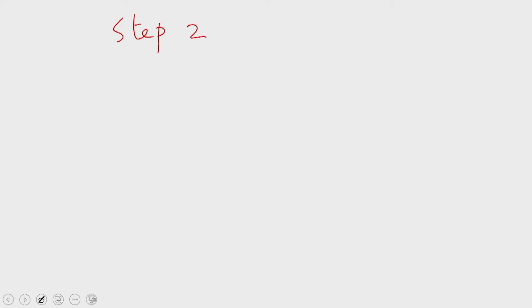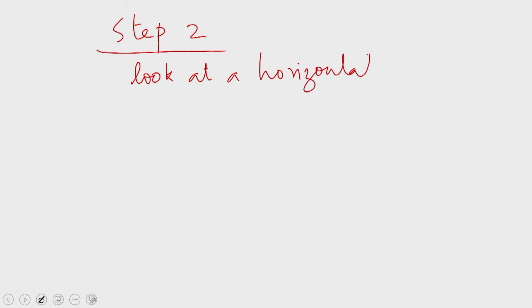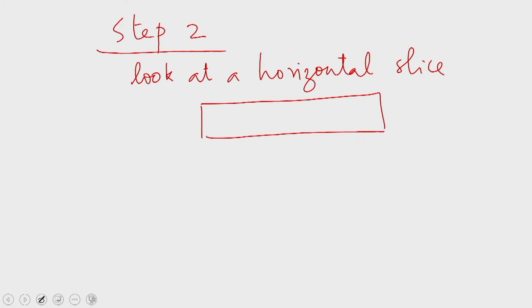In the second step, what we do is this: we look at one horizontal slice. This horizontal slice consists of n power 1 by 8 blocks. Let us separate the contents of the blocks from the blocks themselves.